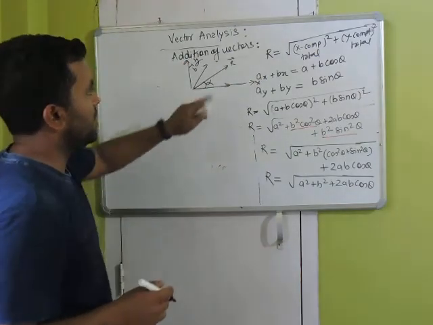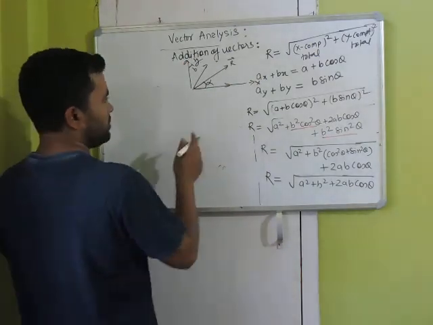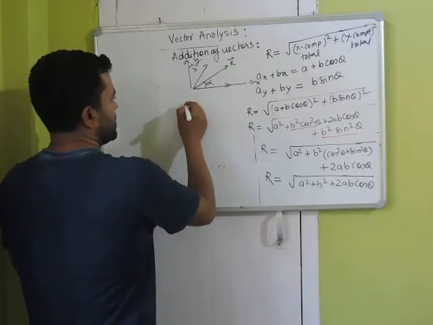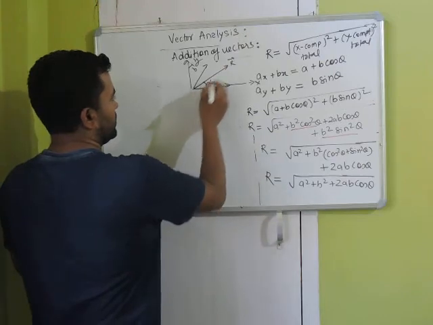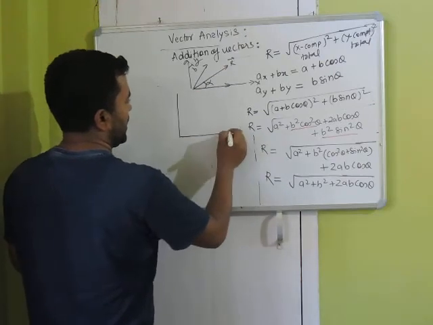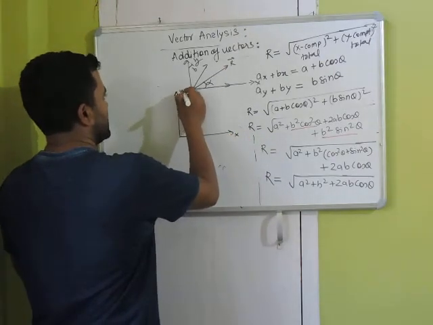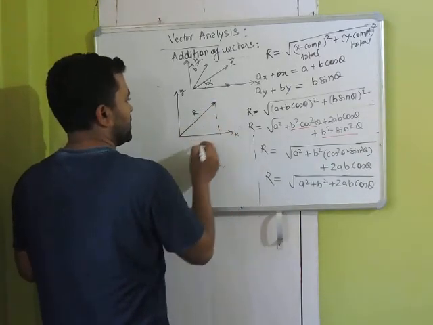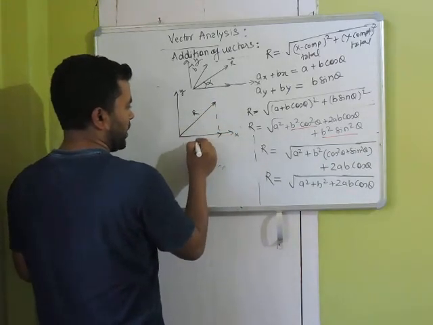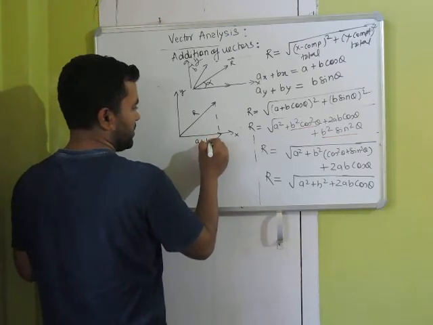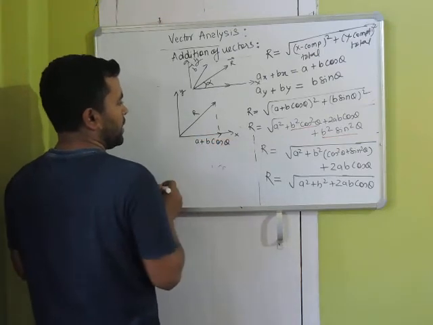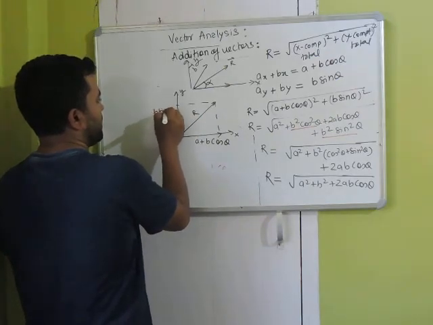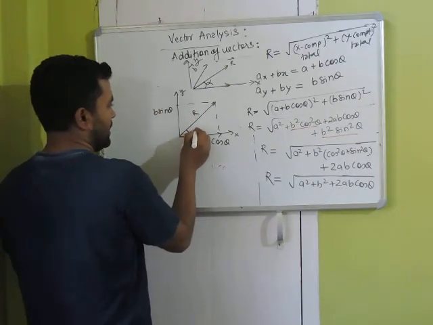It turns out that tan alpha means this R. This is my x-axis, this is my y-axis, this is R. The total x component is a plus b cos theta, and the total y component is b sin theta, and this is angle alpha.